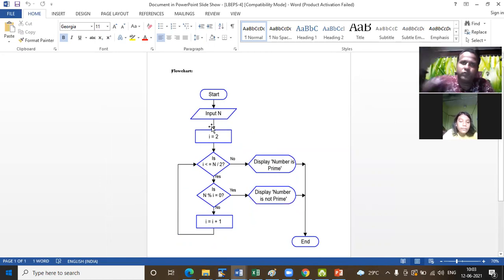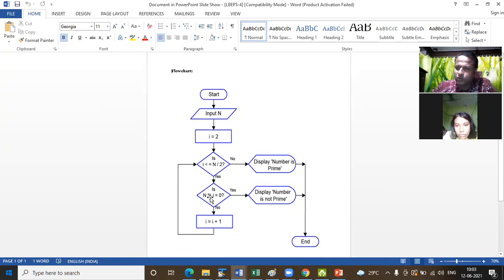Suppose in the input we have taken the value as 5. Then i is equal to 2. Now you have to check here: is 2 less than or equal to 5 by 2? 5 by 2 means 2. So is 2 less than 2? No. 2 is equal to 2. Yes. Now it comes to here.